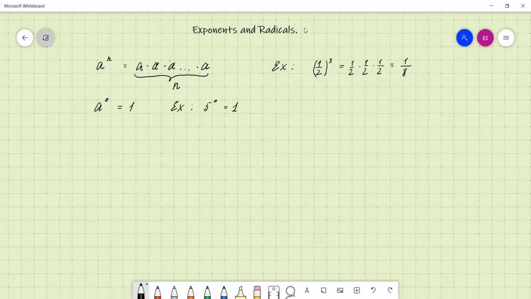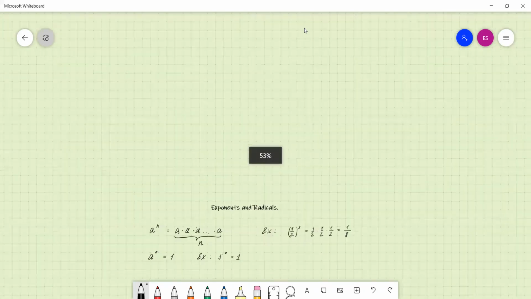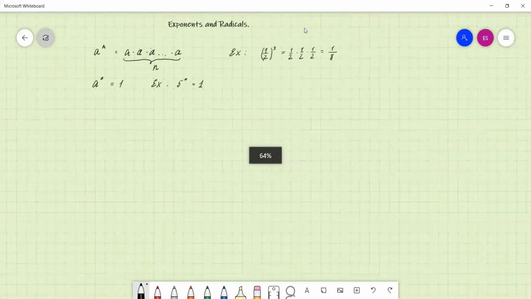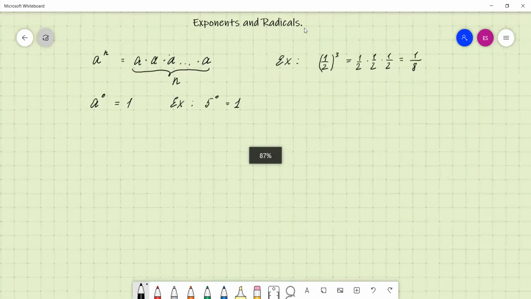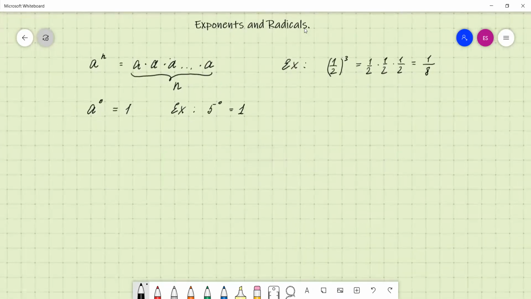So now n is not just natural, but also can be a whole number, right? What are we going to do with integers? Integers are whole numbers plus negatives. Let's define what is a to the power of negative 2. a to the power of negative 2 is actually 1 over a squared.